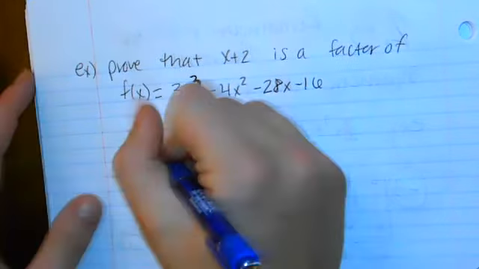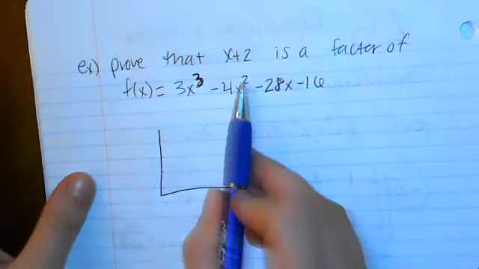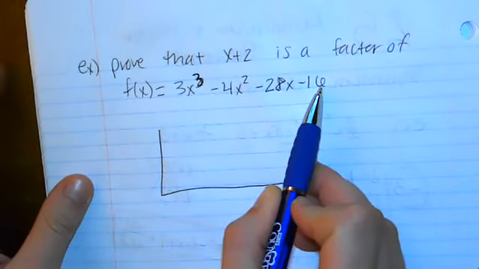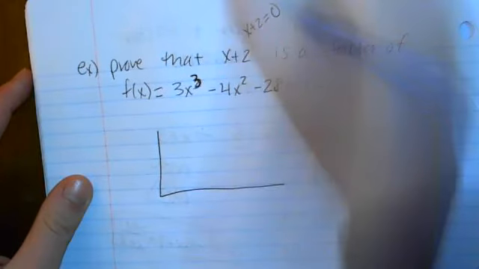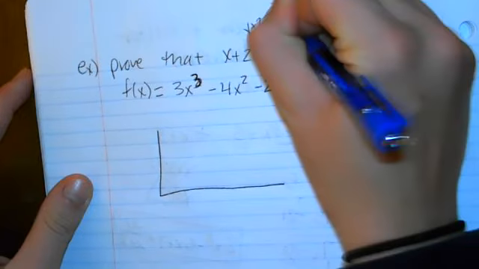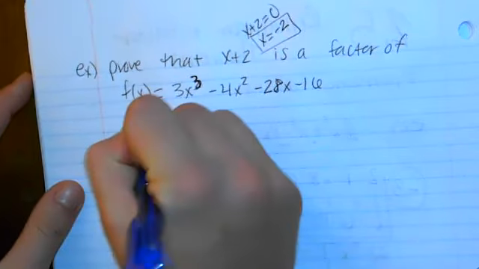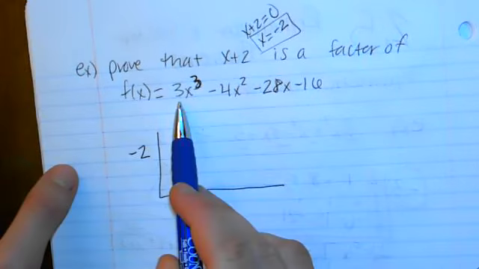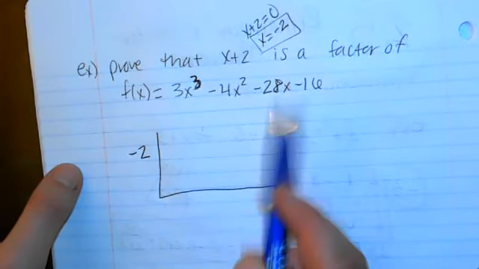So again, set up the synthetic division. 3, 2, 1, nothing, so no zero placeholders. x plus 2 equals 0. Solve for x. We get x equals negative 2. Put that number here on the outside. All of our coefficients: 3, negative 4, negative 28, negative 16.